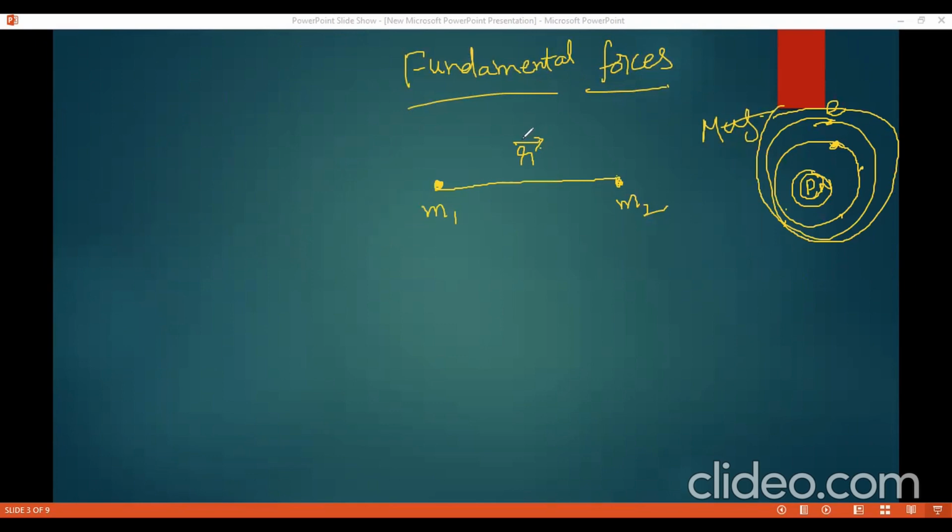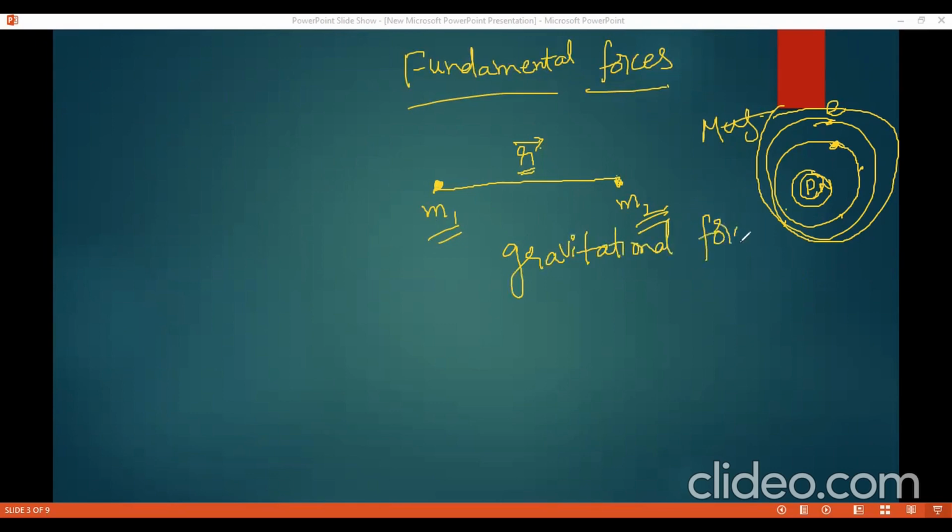The force of interaction between these two point particles m1 and m2, due to their masses, is called gravitational force.